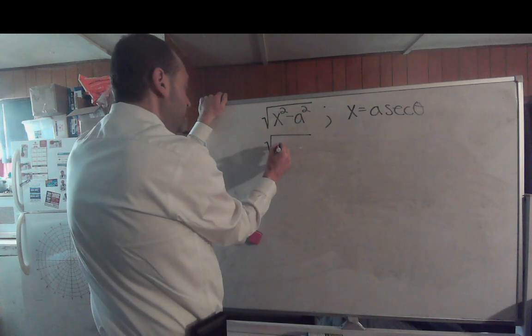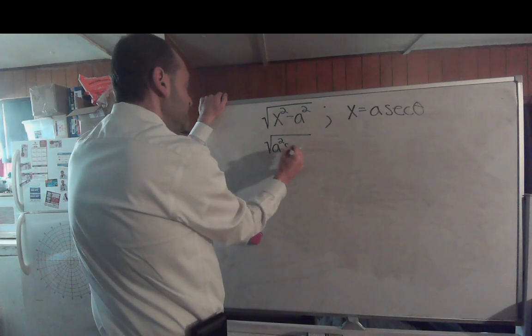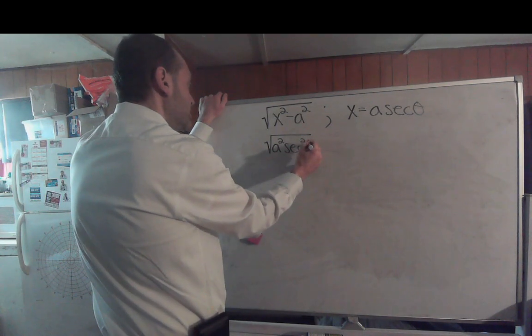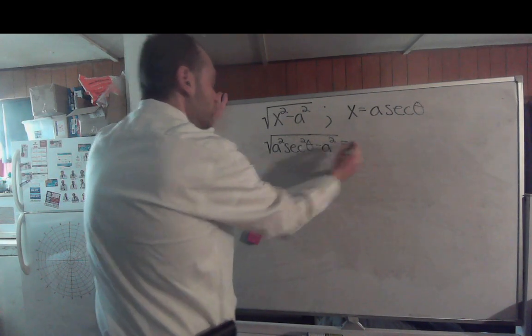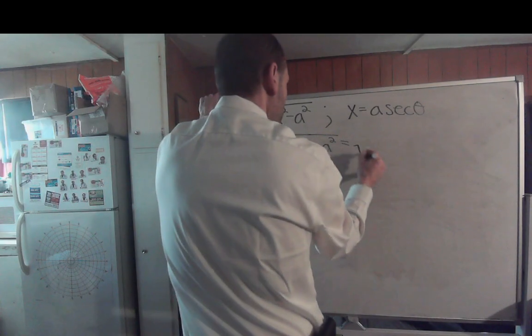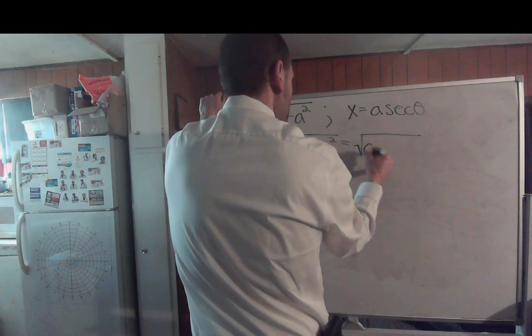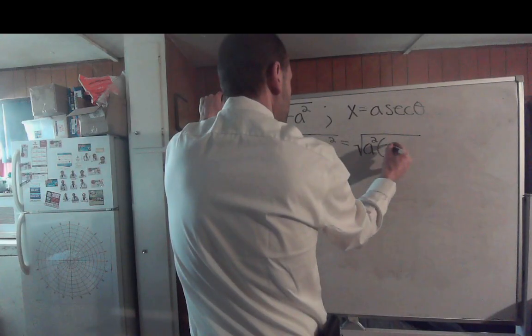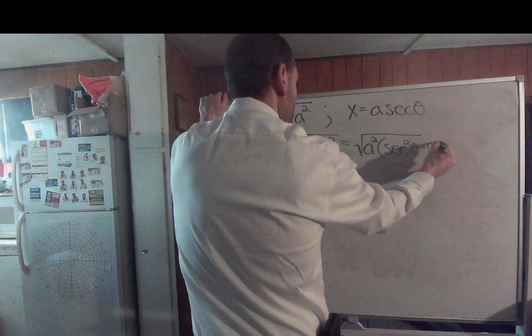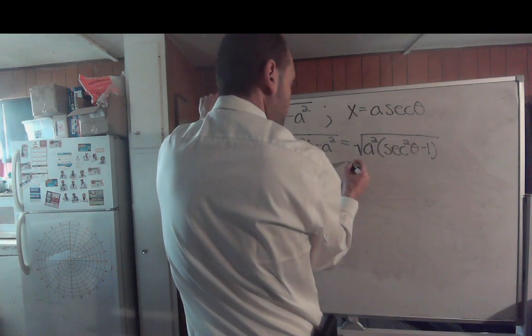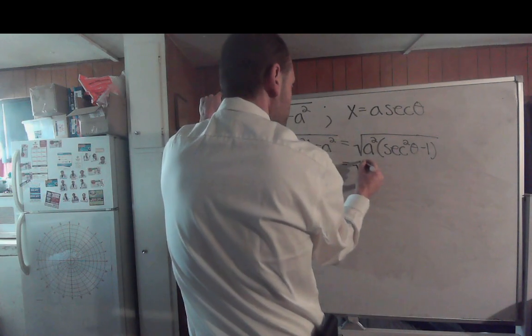So you would end up getting a squared secant squared of theta minus a squared. To get the square root of all that, well, you can factor out that a squared. So you would get a squared times the quantity of secant squared of theta minus 1. Well, that secant squared of theta minus 1 just turns into tangent squared.